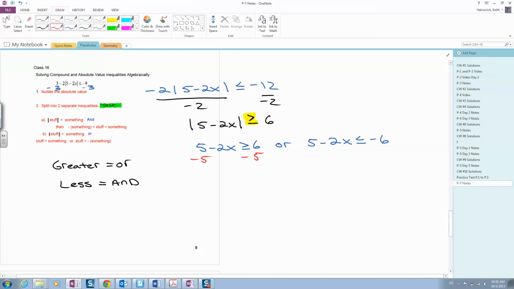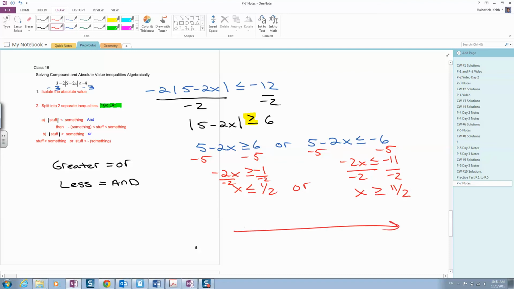So subtract 5, so I get negative 2x is greater than or equal to negative 1. So I get x is less than or equal to 1/2 when I divide by negative 2. Or subtract 5, so I get negative 2x is less than or equal to negative 11. Divide by negative 2, and you get x is greater than or equal to 11/2.